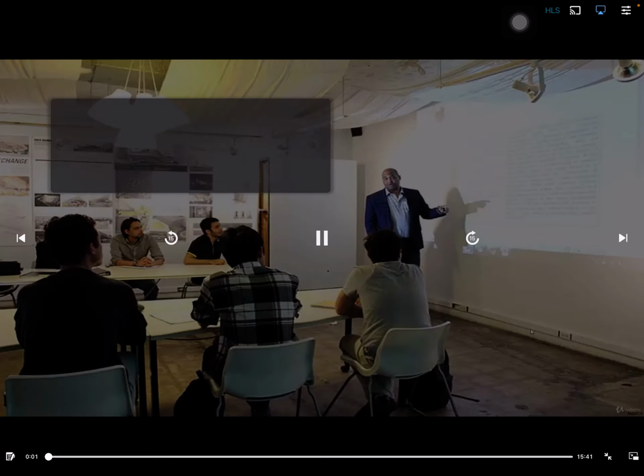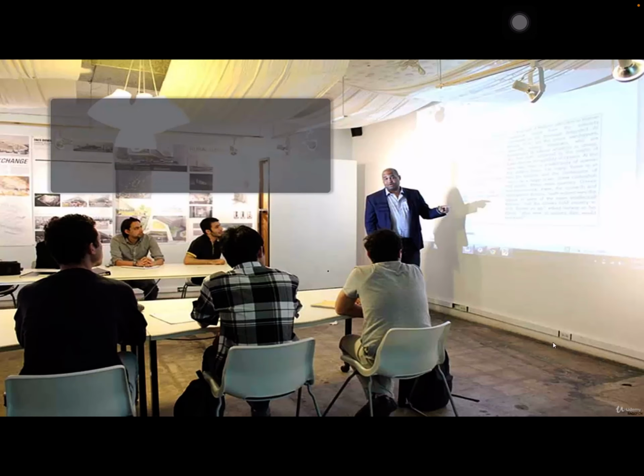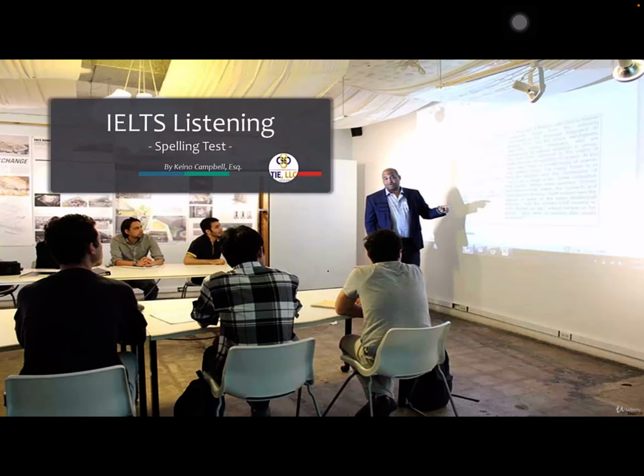Hello there, and welcome to this next assignment. In this next assignment, you're going to be actually participating in an IELTS listening spelling test. As you know, on the IELTS listening, most likely in Section 1, they're going to sometimes ask you to either write a number that they say or to spell out a name that is said. And so what we're going to do here is really give you an opportunity to practice your spelling.